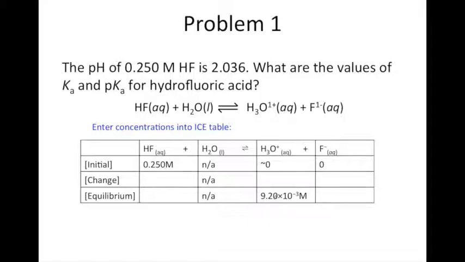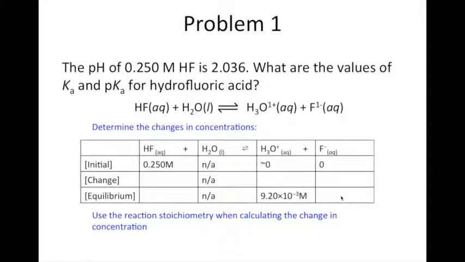So now we know the equilibrium concentration of hydronium, but we still need the equilibrium concentration of hydrofluoric acid and the fluoride ion. So we know that our reaction is going to proceed from left to right. Now that's important because we need to determine our changes in concentration. Initially, we had no hydronium or no fluoride ion, so we must go from left to right initially.